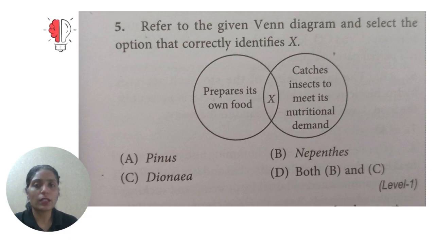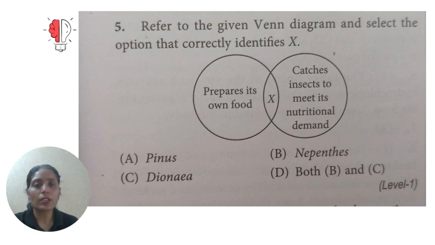This question says refer to a given Venn diagram and select the option that correctly identifies X. Let's read the figure. The figure is marking two circles and they have labeled circle 1 as prepares its own food, while circle 2 catches insects to meet nutritional demand.